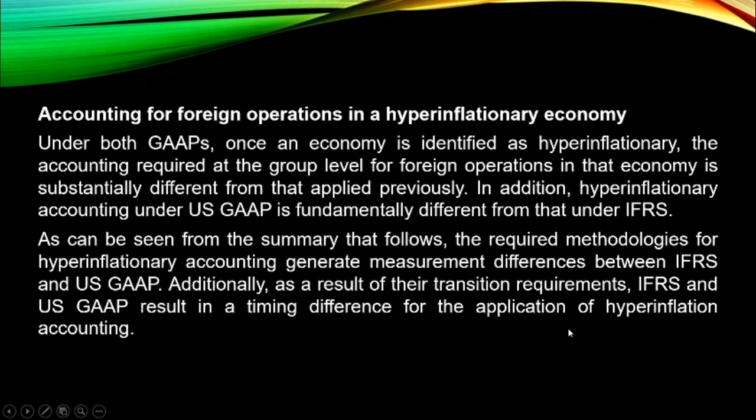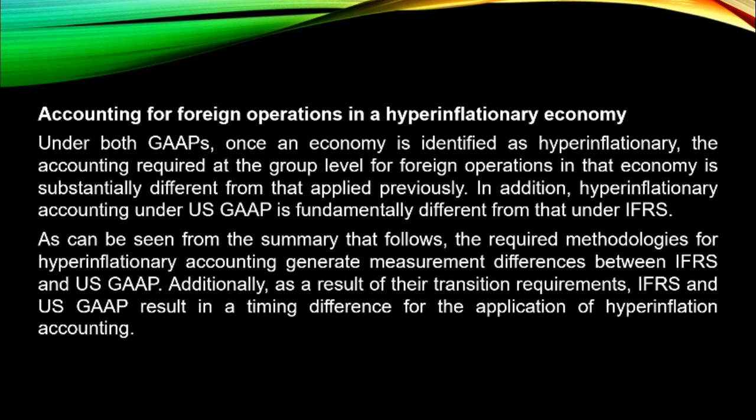Under both GAAPs, once an economy is identified as hyperinflationary, the accounting required at a group level for foreign operations in that economy is substantially different from that applied previously. In addition, hyperinflationary accounting under US GAAP is fundamentally different from that under IFRS.